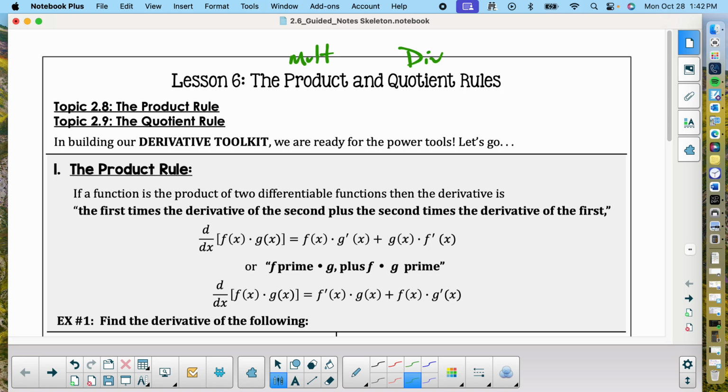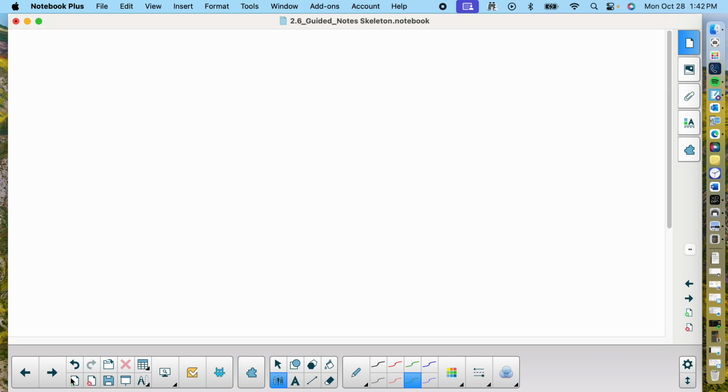You guys are kind of used to when we did limits. When we did limits and we learned all those different properties and rules of limits, limits were kind of like a free-for-all because we didn't really have to learn specific rules for limits.